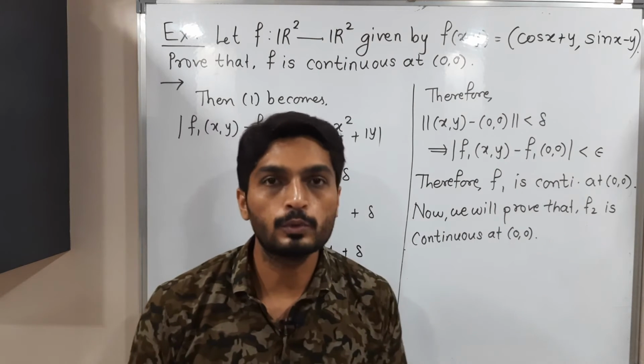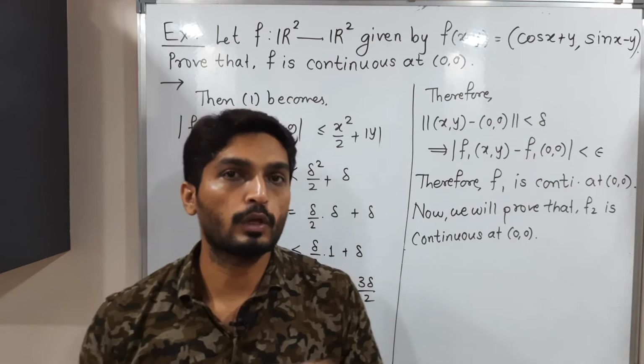Okay. So again we have to do the same thing. We have to take one epsilon, and for that epsilon we have to find delta.